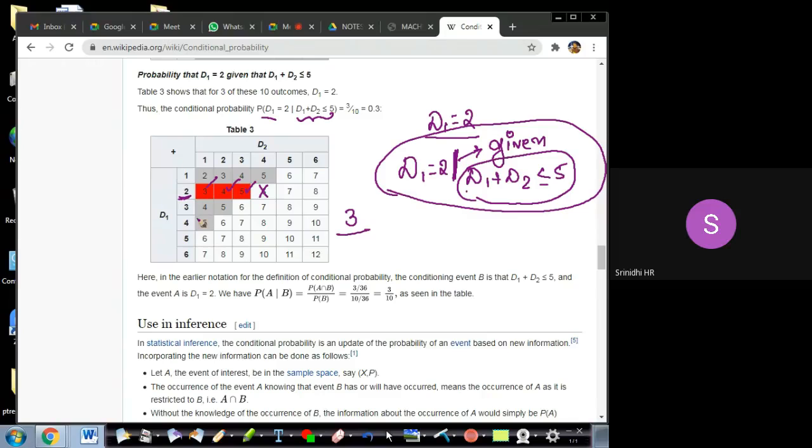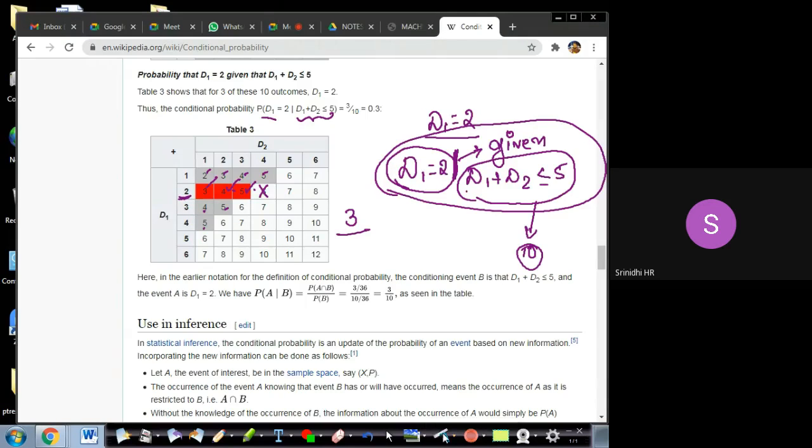Out of these values, when d1 plus d2 is less than or equal to 5, the outcomes are 10. So here I have 10 values: 1, 2, 3, 4, 5, 6, 7, 8, 9 and 10. Out of these 10 values, I'm just picking exactly the values which are there in d1 is equal to 2.